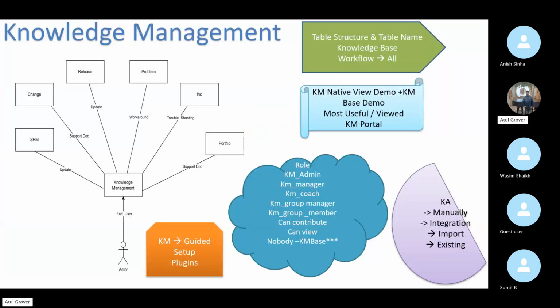Then we see what roles are available in knowledge management. We have an admin and a manager, two different roles. One can request, but the other can request and approve both the knowledge bases. We have a coach, KM groups, members can contribute, can view, and nobody can delete the knowledge base once it has been created.